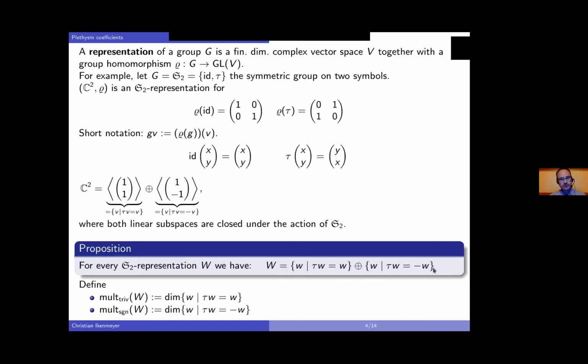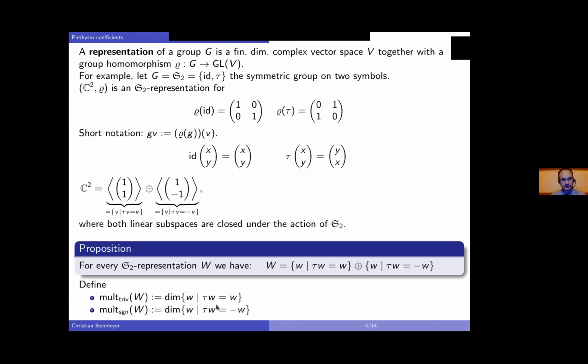And you already see a representation theoretic coefficient now: somebody gives you some representation W, then you want to know what's the dimension of the invariant space, right? So which is this one here, the multiplicity where the action is trivial. This is the dimension of the invariant space, and the multiplicity where the action is multiplication with a sign is the skew invariant space.